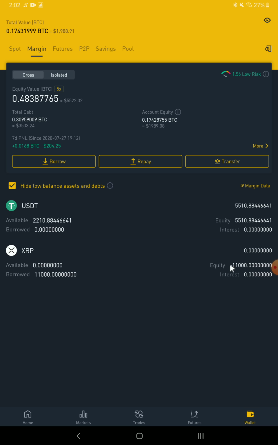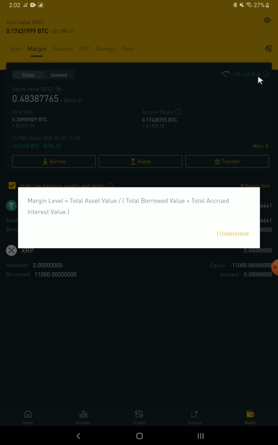So the math goes like this. This number right here, 5510, refers to your total equity. And if you go to this little button, it shows your margin level. That 1.56 is equal to your total asset divided by the total borrowed plus the total accrued interest. So what does that mean?